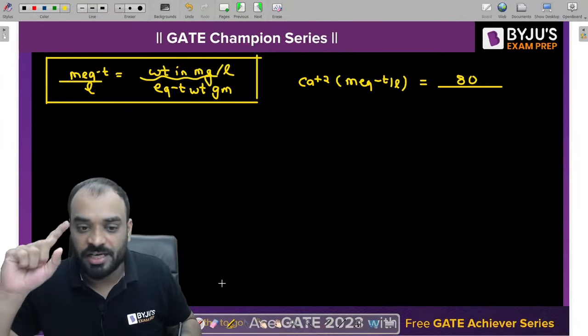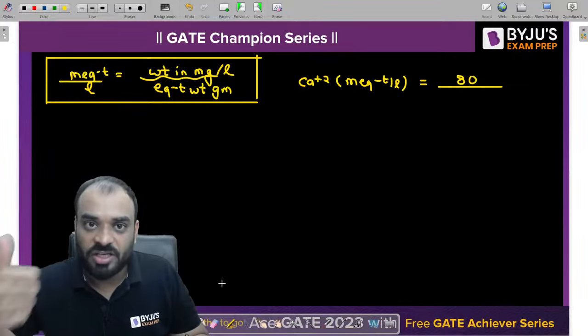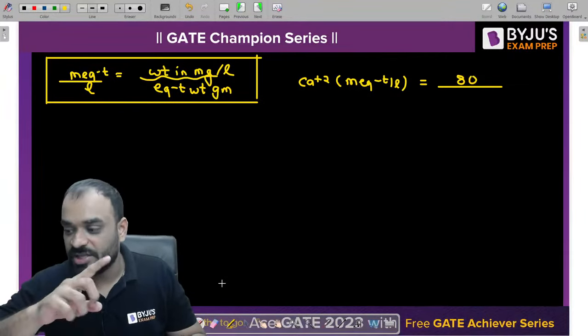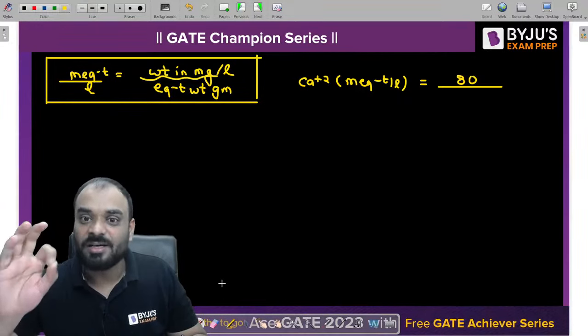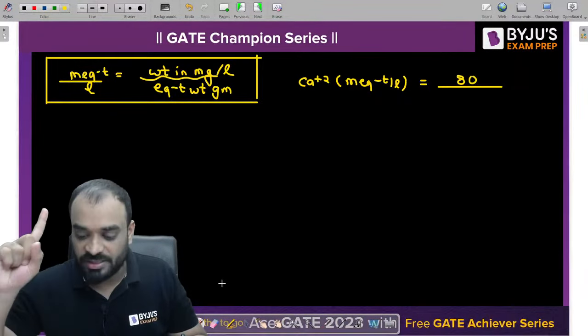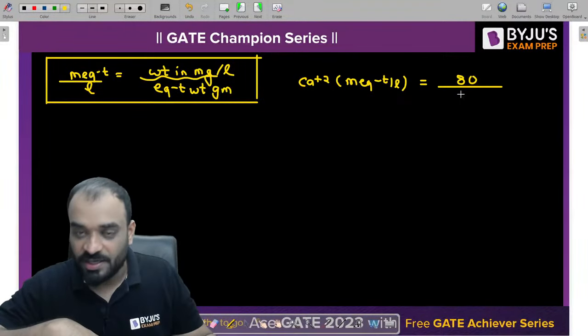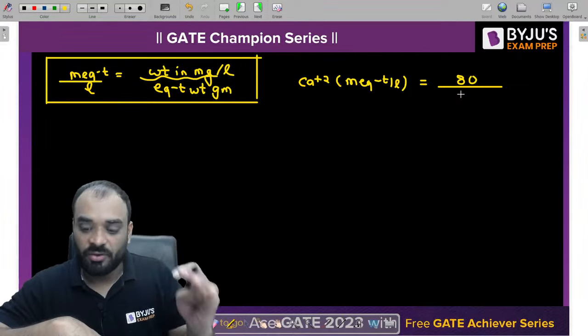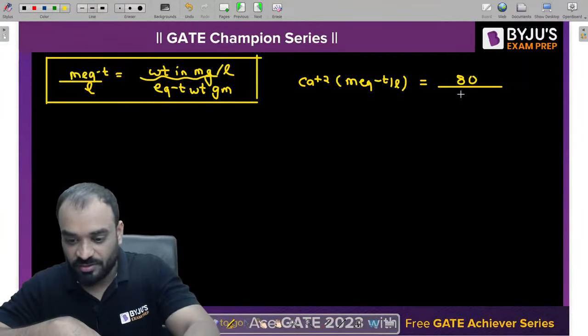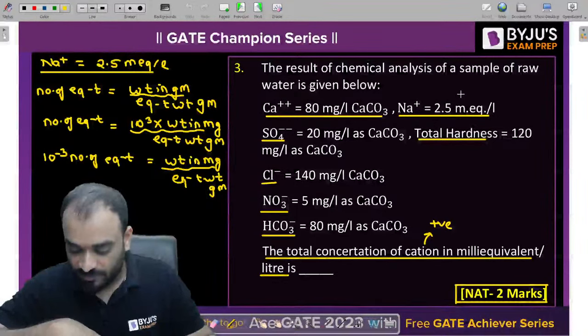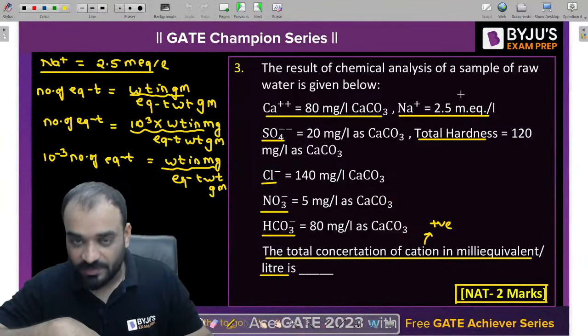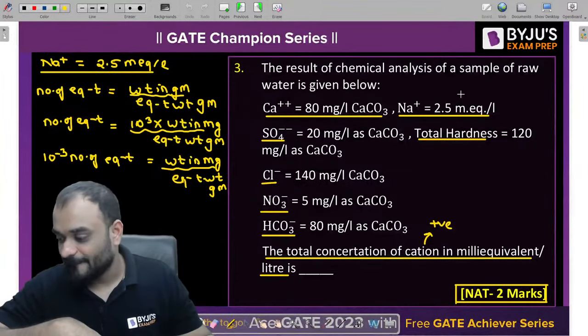Which equivalent weight do you have to divide by? The equivalent weight of calcium or the equivalent weight of CaCO3? Because the value mentioned here is in terms of CaCO3, not calcium itself. Tell me quickly, please write in the chat box, all of you.